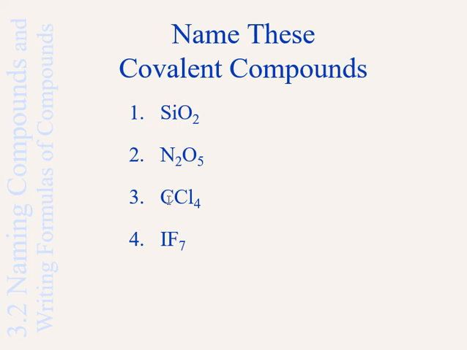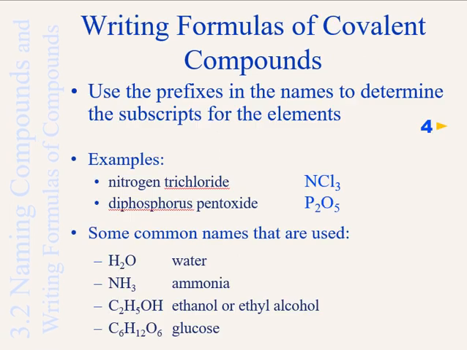This is called carbon tetrachloride, and this is called iodine heptafluoride. That's how we name covalent compounds. And if you are given the names, you should be able to come up with the formula, which is also very straightforward.